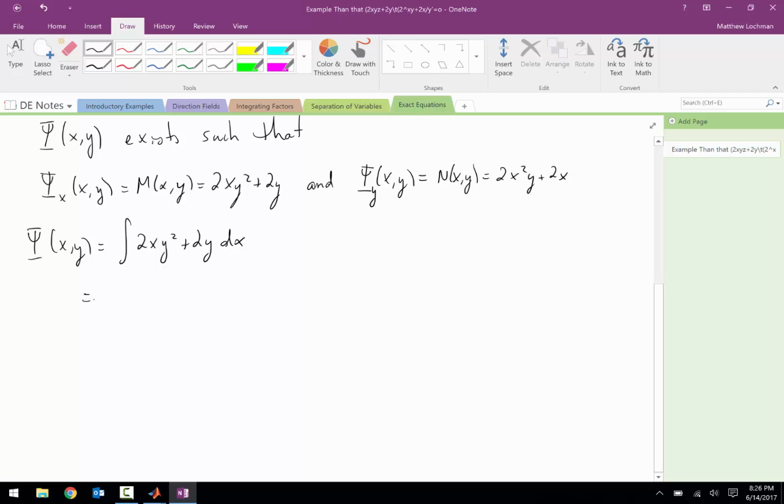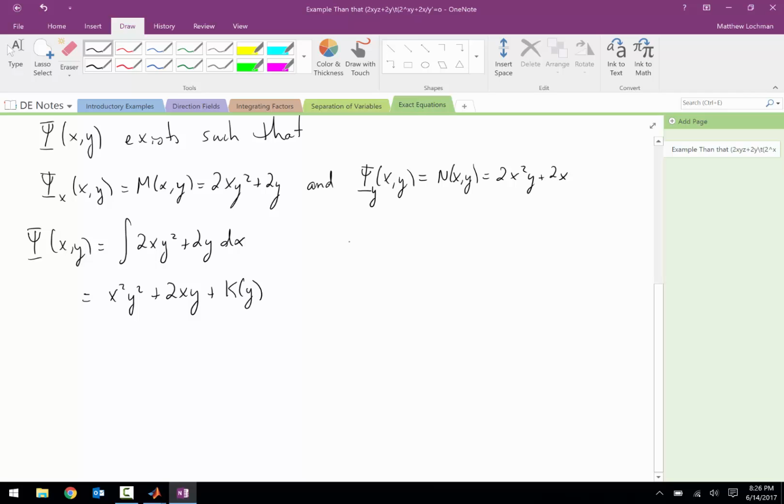Okay, and if I do that, I'll get x squared y squared plus 2xy. And then I'm integrating with respect to x, which means that I get an integrating constant that's a function of only y. Okay, the other letter.